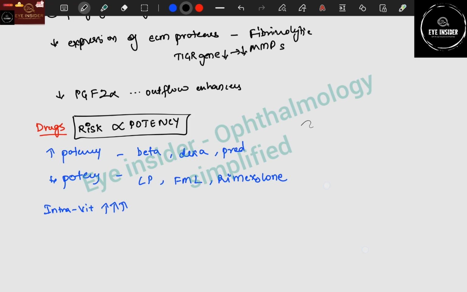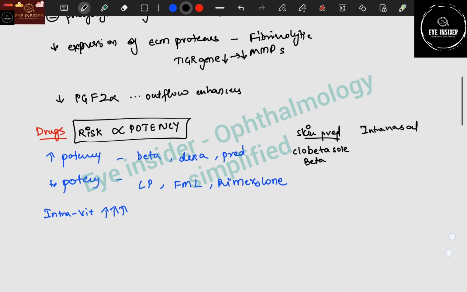We also have skin preparations and intranasal preparations, usually prescribed by the ENT for asthmatics and others. These also cause glaucoma. The high potency skin preparations include clobetasol and betamethasone, and the low or intermediate potency one is hydrocortisone.